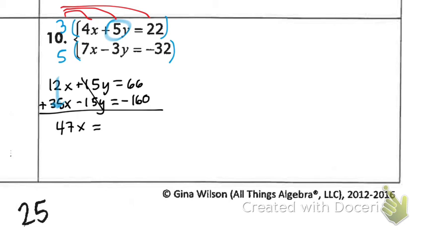What do you get? What is 66 plus negative 160? Negative 94. So then what's our x going to be? Negative 2.